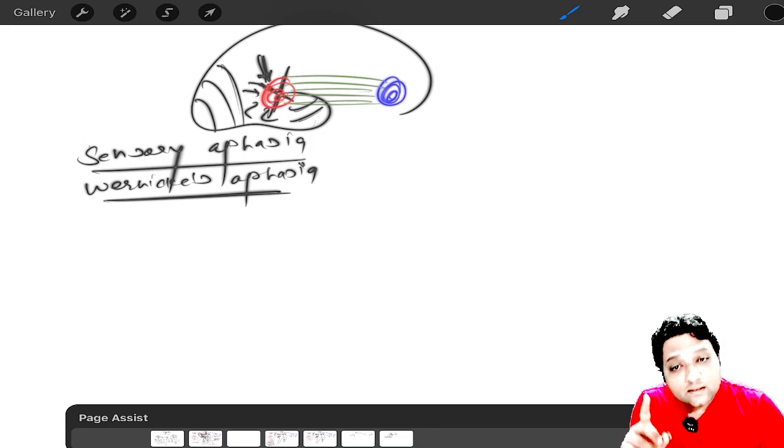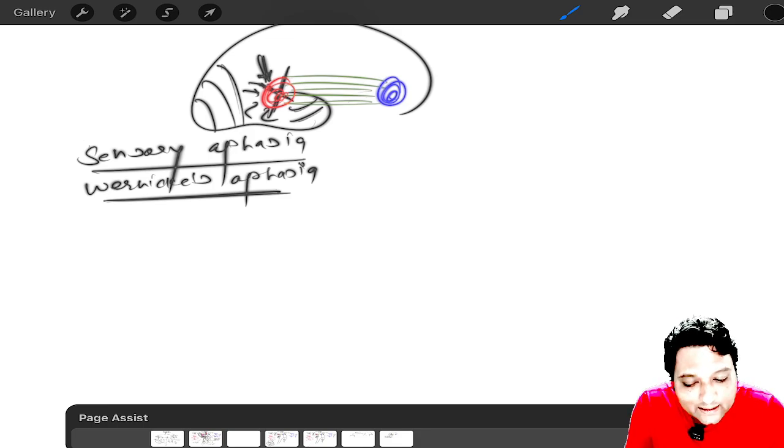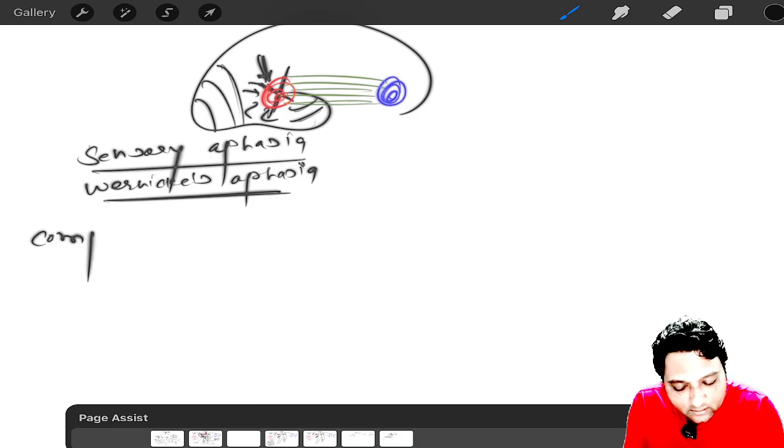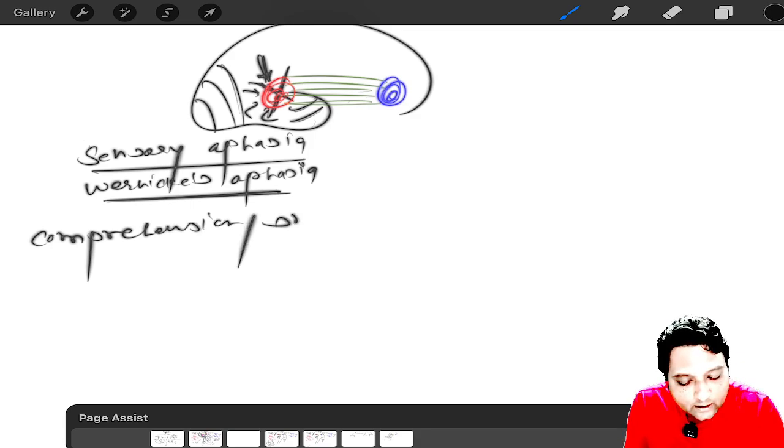Here the patient speaks fluently. The lesion is in Wernicke's area, which is concerned with comprehension and interpretation, so comprehension and interpretation is lost.